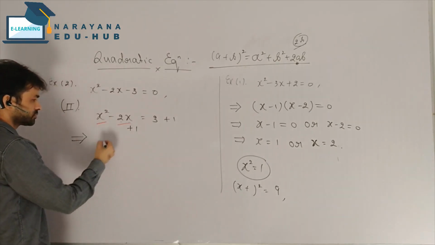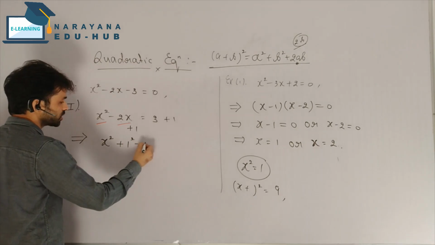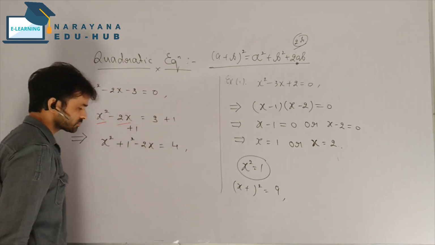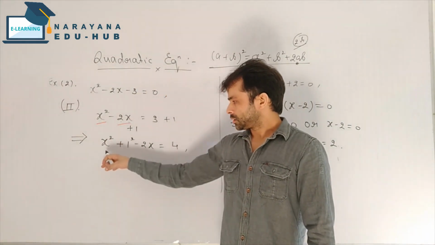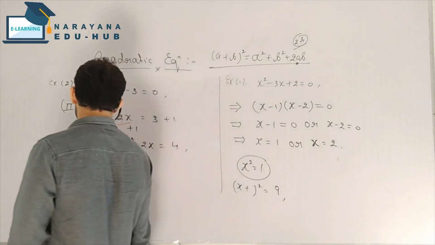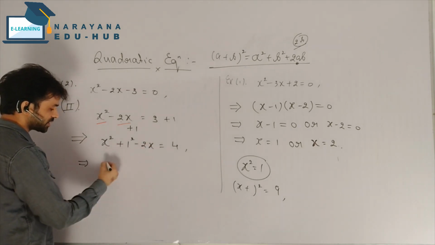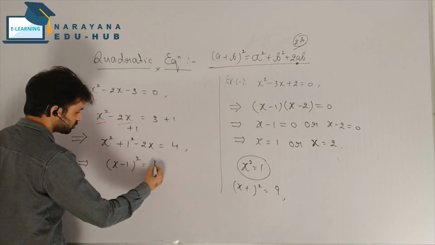Now this becomes x square plus 1 square minus 2x equal to 4. This is a square plus b square minus 2ab, which is the formula of a minus b whole square, so x minus 1 whole square is equal to 4.